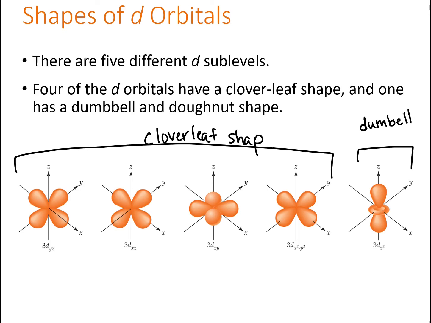It's kind of like a dumbbell that we saw with the 2p, plus this kind of weird donut shape. So that one's a little bit funky. But all you need to remember is that there are 5 different d sublevels in the d orbital, okay? So that's 1, 2, 3, 4, 5 d sublevels.